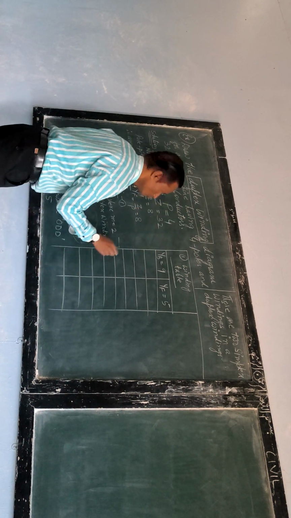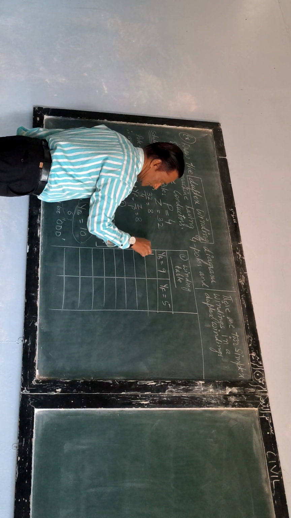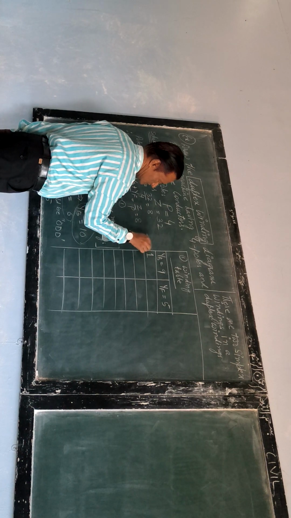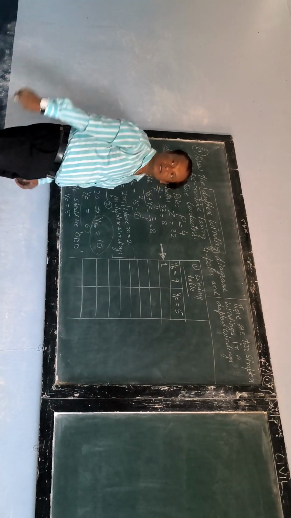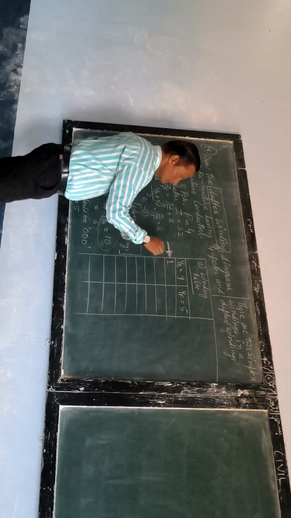Just tell me how to proceed. We start from conductor number 1. So this is the arrow mark. What I want to show you is that we start from this conductor. So what is the back pitch? 9.